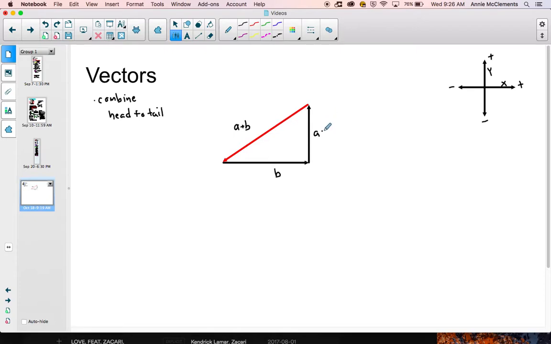Say we were given the magnitude for A is 2 meters per second, and the magnitude for B is 3 meters per second.